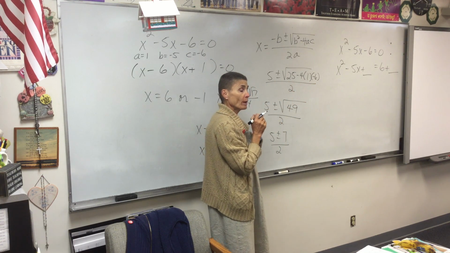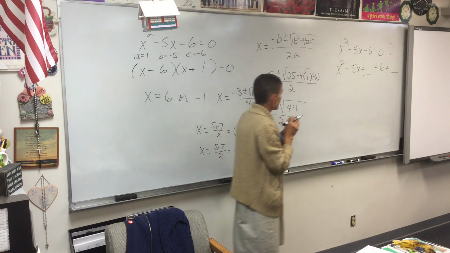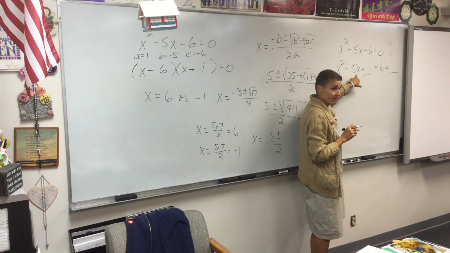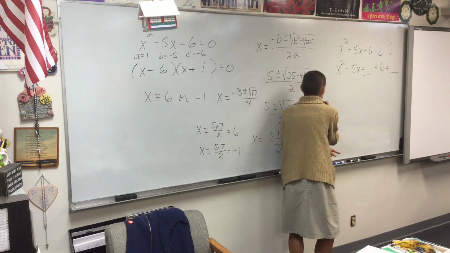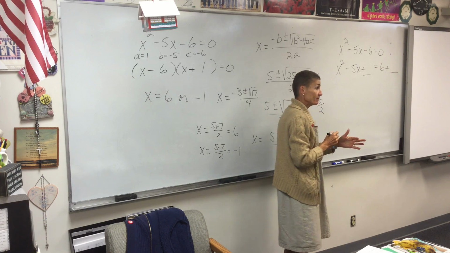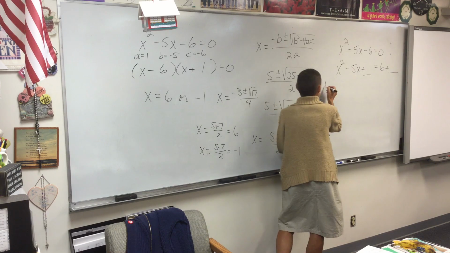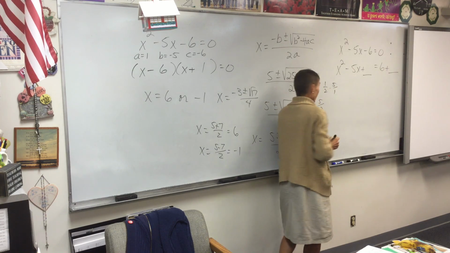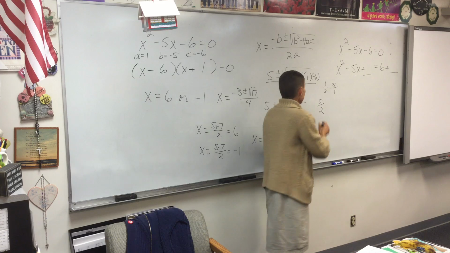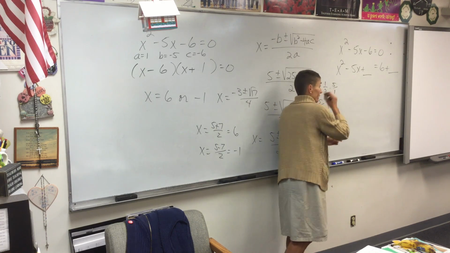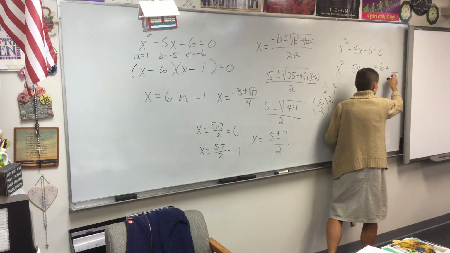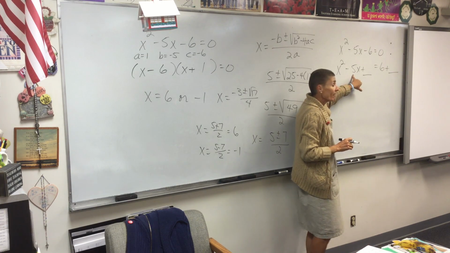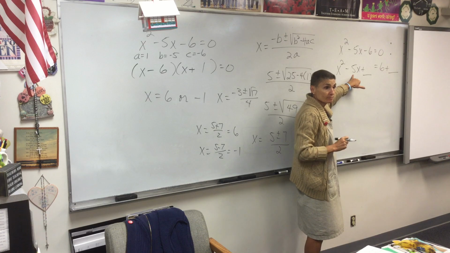To figure out what I'm going to add to both sides, I take half of this. So that would be 5 halves, right? Half of 5, 1 half times 5, is 5 halves. And I square it. So to figure out what you're going to add on both sides, you take half of b and you square it.